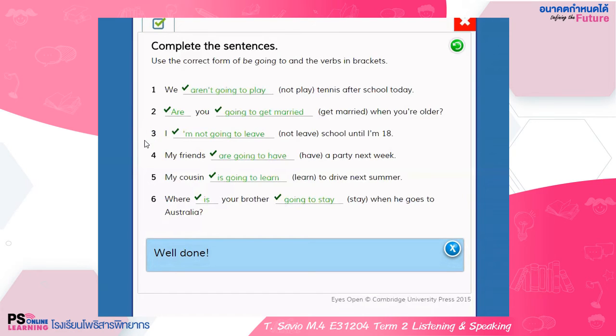Number 3, I'm not going to leave school until I'm 18. 4, my friends are going to have a party next week. 5, my cousin is going to learn to drive next summer. 6, where is your brother going to stay when he goes to Australia?